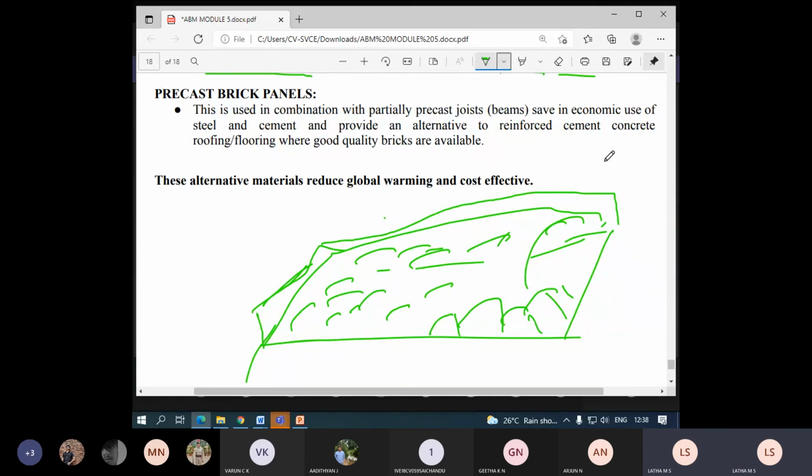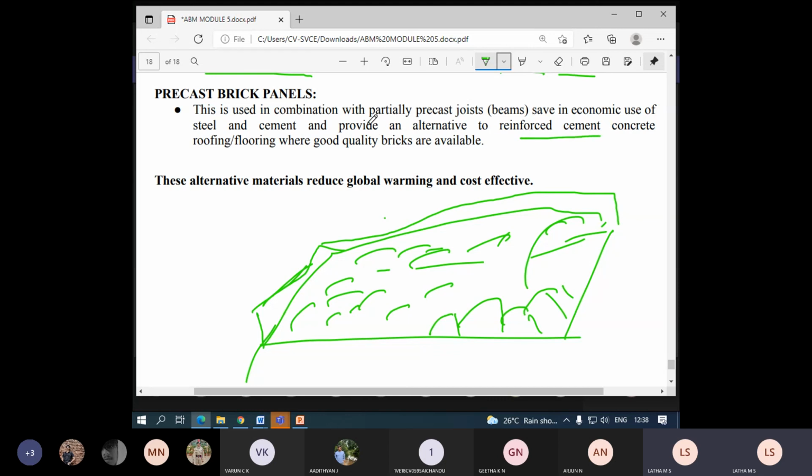A joist is a beam which is economized using steel and cement. Yesterday you saw the picture of a joist, which will be reinforced with cement concrete, right? Along with the brick panels, it can be used as bricks or as an alternative to reinforced cement concrete.